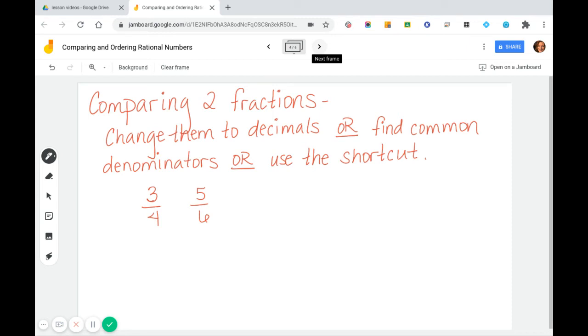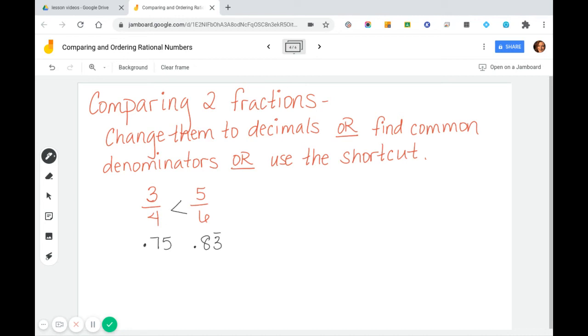So with 3/4, I'm going to take 3 divided by 4, or it might be one you know. That's going to give me 0.75. For 5/6, I'm going to, in my calculator, take 5 divided by 6, and I get 0.83 repeating. So when I compare these, 7 is smaller than 8. So that means 3/4 is smaller than 5/6.